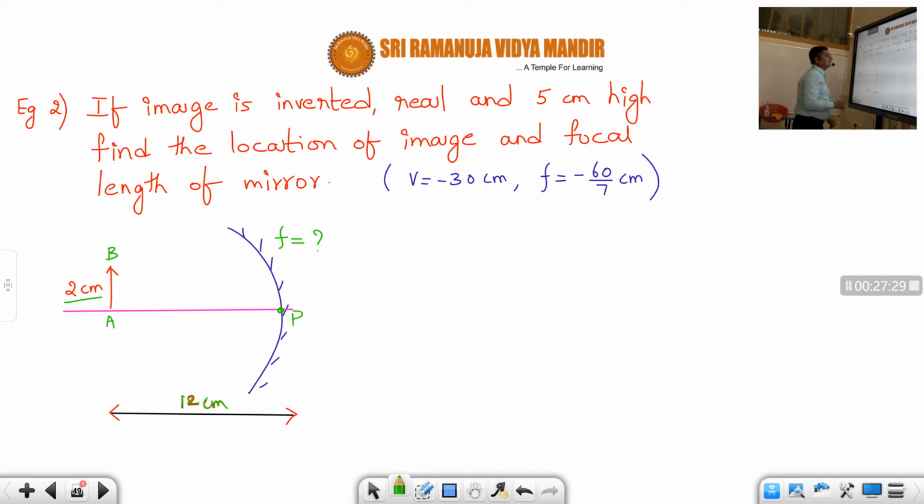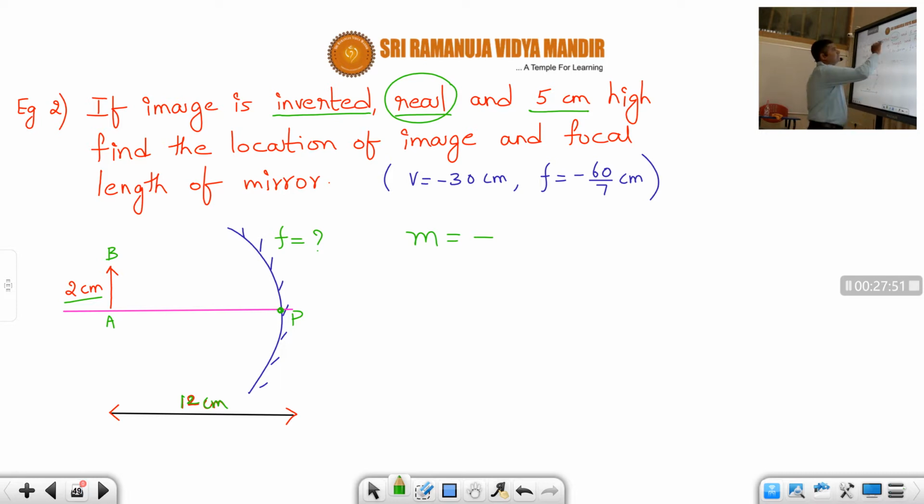They are asking if the image is inverted, real and 5 centimeters high. Whenever they give the image as real and inverted, we should always take the magnification as minus. Minus is always indicated for a real image, and a real image is always an inverted image.